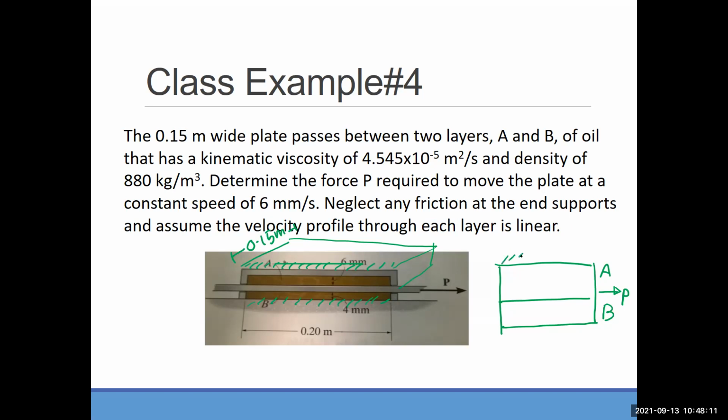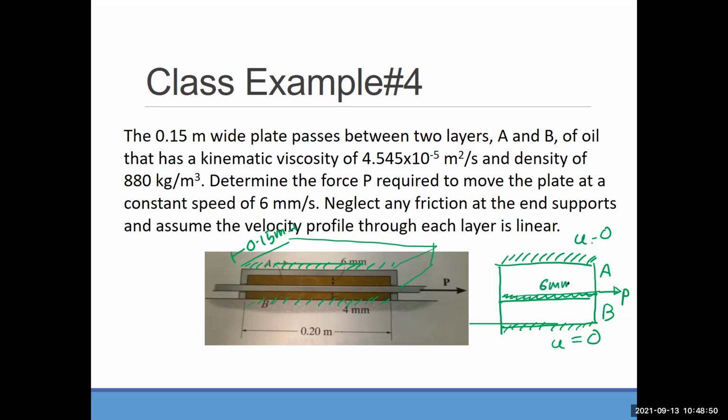Now, since this one is the fixed support, what do you think? What will be the velocity here? For a fixed support, velocity will be? It's fixed, it's not moving, so velocity is 0, yes. And at this midpoint, do we know the velocity? Is it given in the question? At which speed you are pulling the plate, is it given? 6 millimeter per second, perfect.